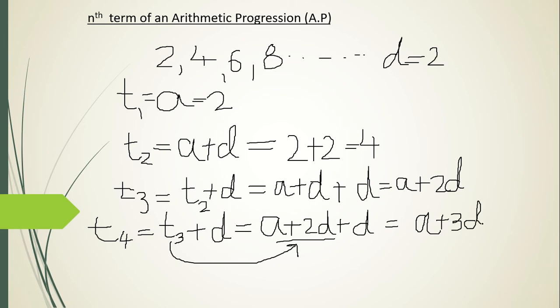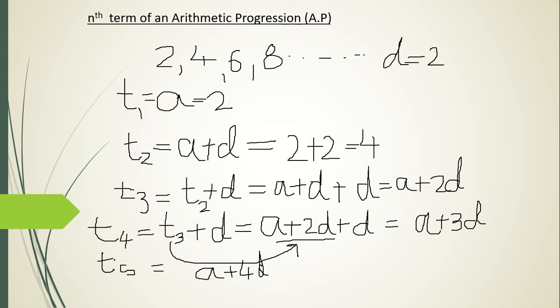Similarly, what will the fifth term be? The fifth term will be A plus 4D. If you go on adding D to the next term, the sixth term T6 will be A plus 5D, and the seventh term T7 will be A plus 6D.